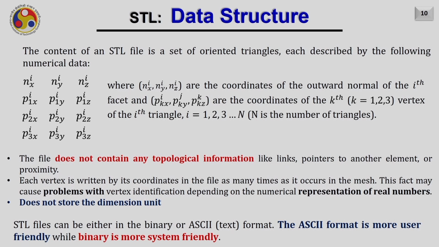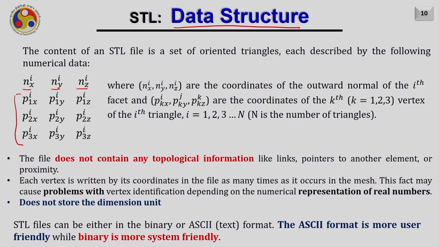Now let us come back to the STL file and discuss its data structure. The content of an STL file is a set of oriented triangles, each described by the following numerical data. Those are the nxi, nyi and nzi. These are nothing but the coordinates of the outward normal of a facet. Now these are the 3 vertices.